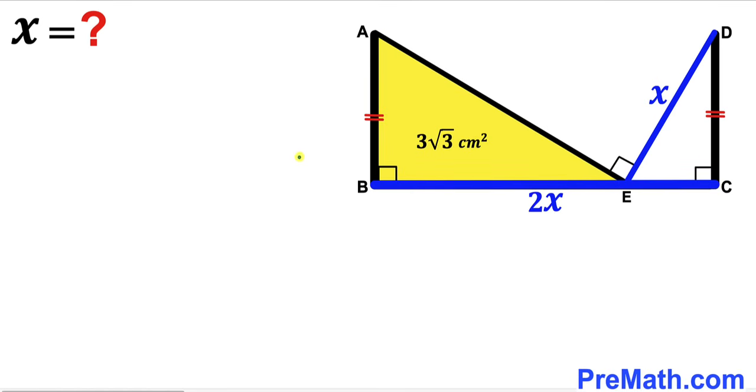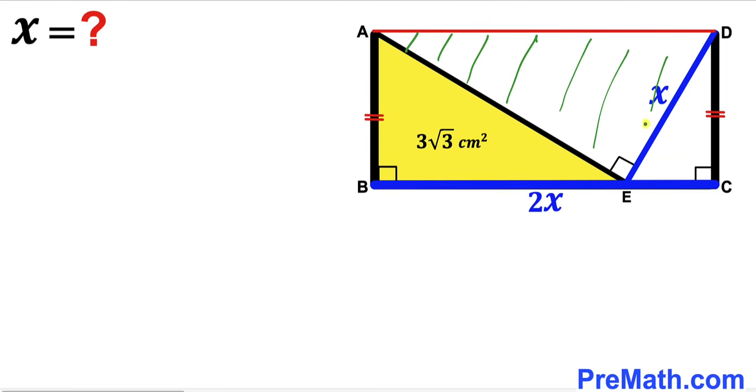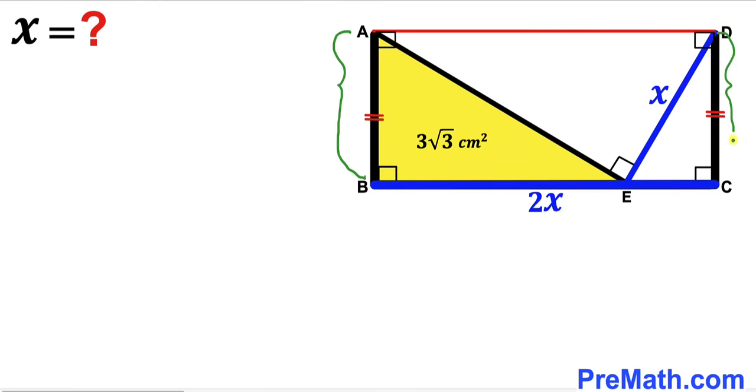Let's go ahead and get started, and here's our very first step. I am going to connect this vertex A with this vertex D, as you can see in this next step. And as a result, we end up with this right triangle AED. And moreover, this angle has got to be 90 degrees, and likewise this angle is 90 degrees as well, since this side length is equal to this side length.